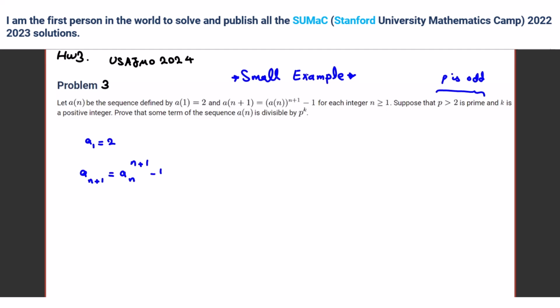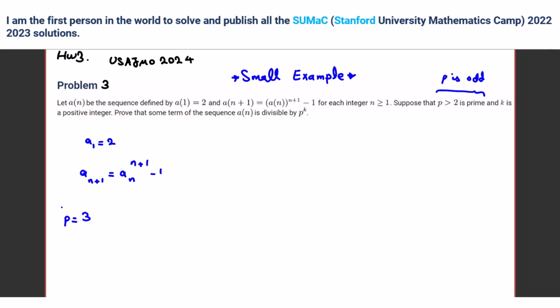So here there are lots of variables. We can use a small example on p. The first p that we should check is 3.